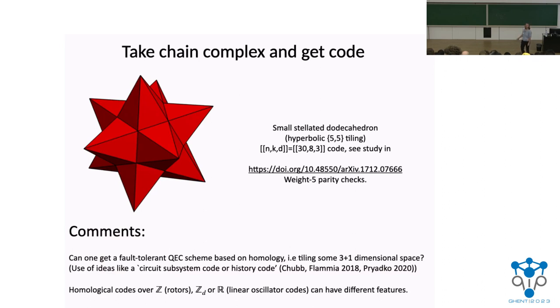And if you do it with rotors, you also encode a qubit, which is curious because you start with rotors, meaning every system is an integer, but you actually encode a qubit. This is because of some torsion related to the homology. So there's some connection with homology there. And this torsion is not present if you have Z2.